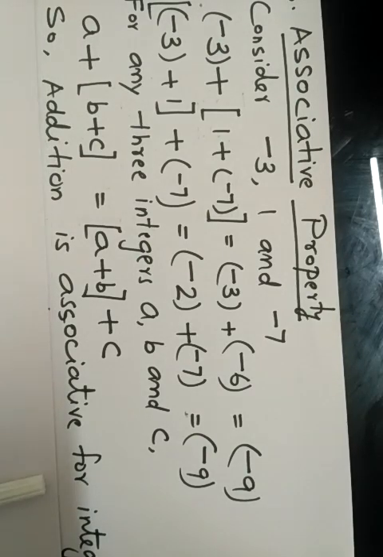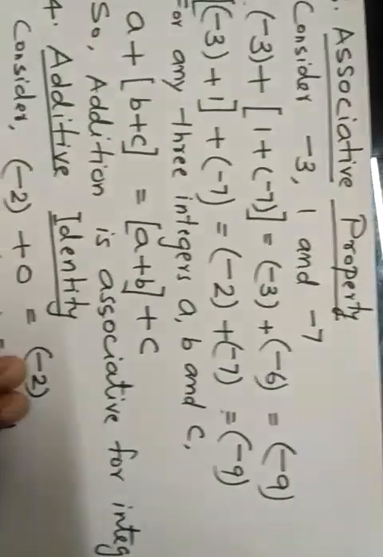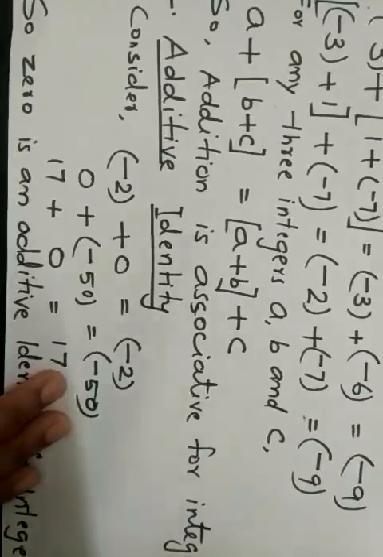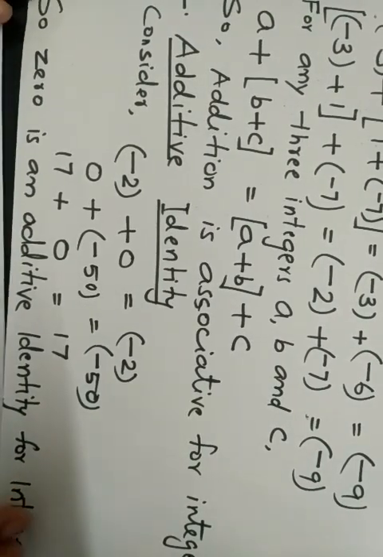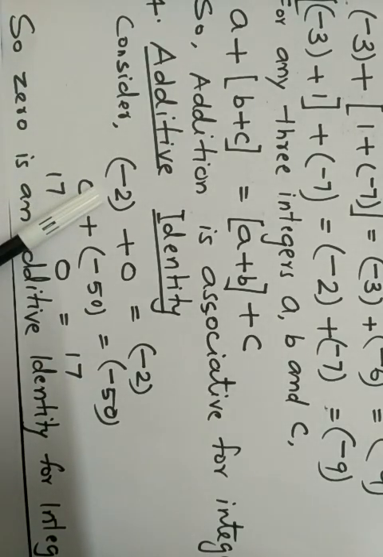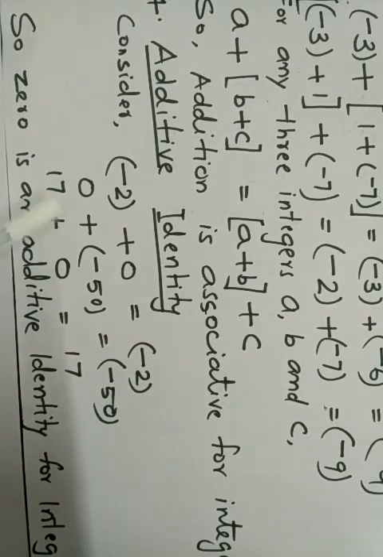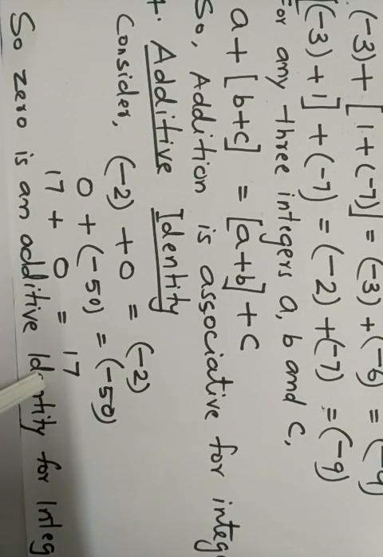Now you can think the same for subtraction also. Is it possible? You think it. Okay. Now the next property is additive identity. So what is additive identity? Let us consider minus 2 plus 0 is equal to minus 2 itself, or 0 plus minus 50 is equal to minus 50 itself. 17 plus 0 is equal to 17.